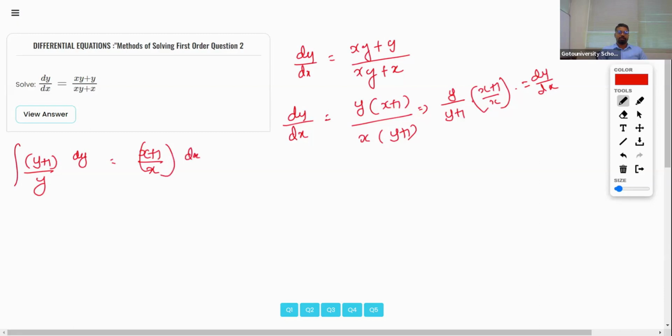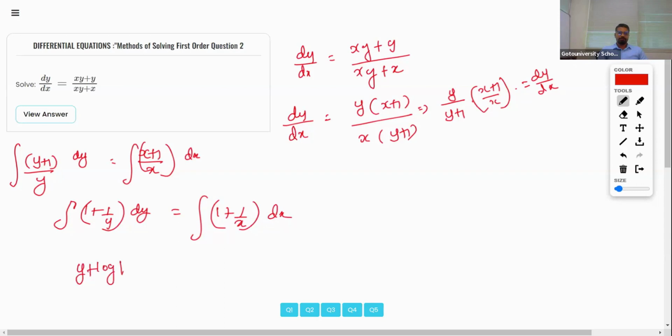So now if we integrate on both sides, what we get is integral of 1 plus 1 by y dy is equal to integral of 1 plus 1 by x dx, isn't it? So what we get finally? y plus log y is equal to x plus log x plus some constant, say let it be written as log k.